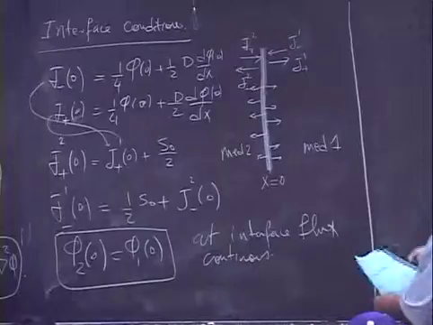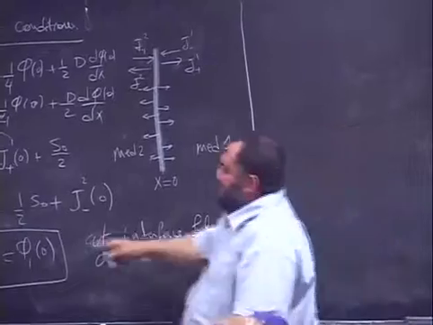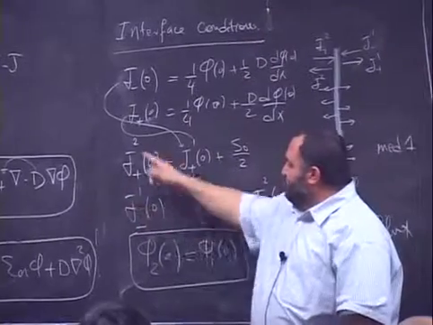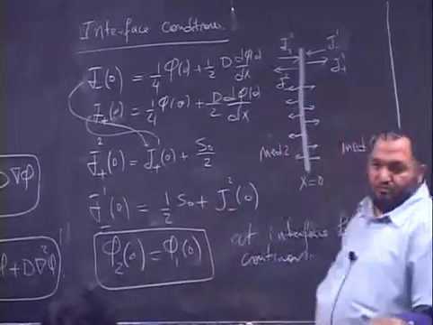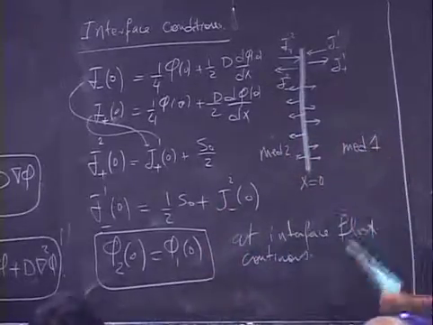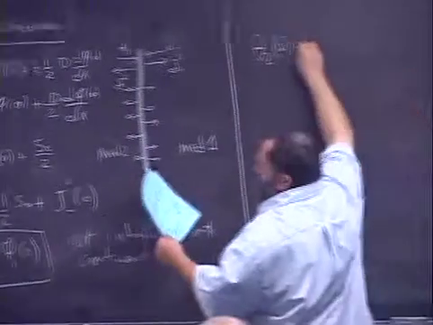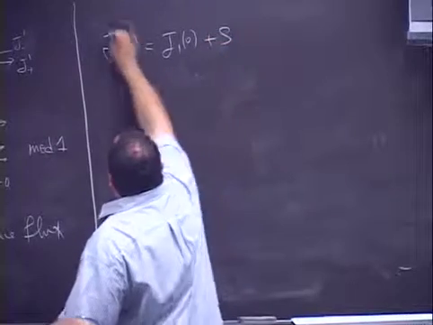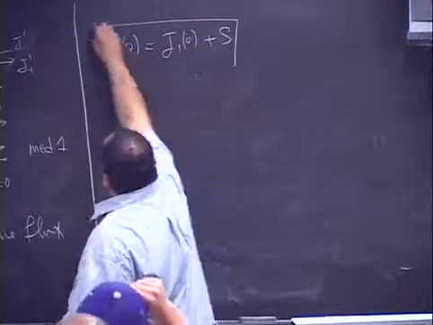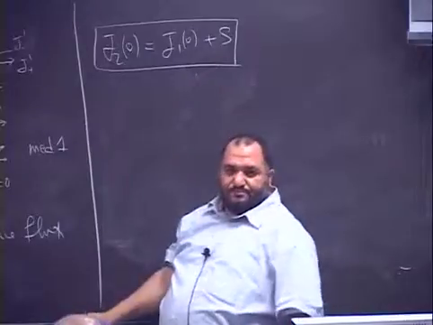You knew that J plus for 2 minus J minus for 2 will give you J for 2. So if you subtract, you get J2 at 0 equal to J1 at 0 plus the source term. So the total current at the interface is discontinuous.